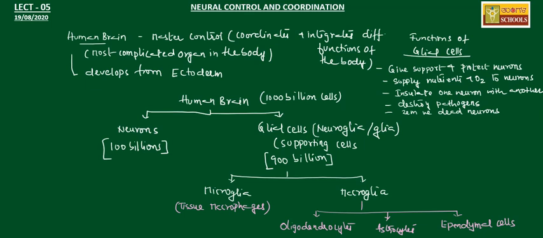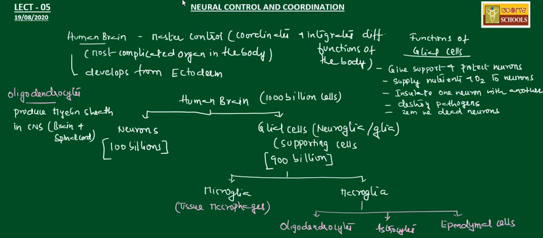So coming to oligodendrocytes, these oligodendrocytes produce myelin sheath in the central nervous system.